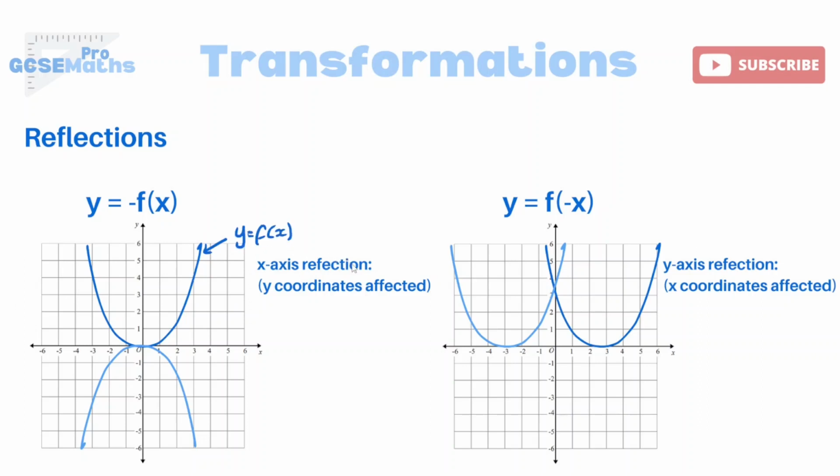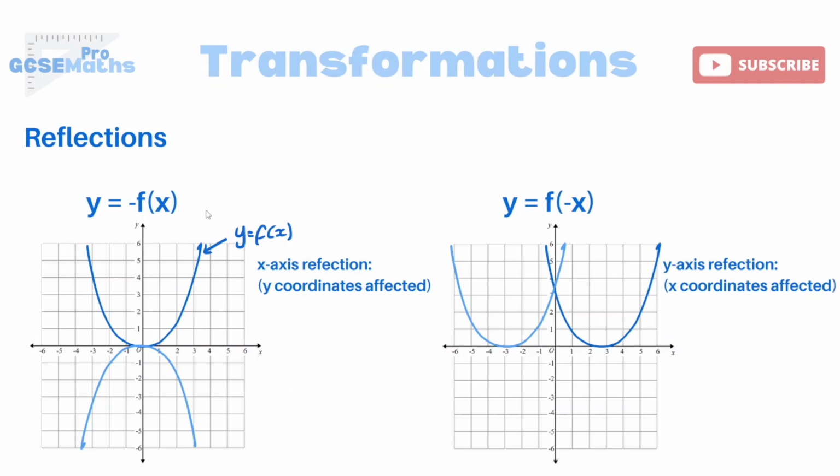Now f of x just means a function. In this case, you can see it's a quadratic. It could be any shaped graph, it doesn't really matter. And then they'll say, on the graph, sketch y equals, for example, minus f of x. So you have to know what instruction that is. It's not necessarily hard if you've got the flashcards in front of you. The hard bit is having to memorize it for the exam and not get them mixed up.